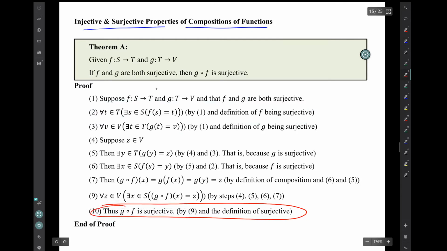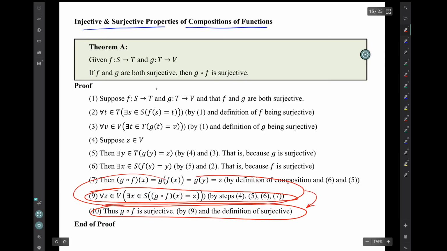Well, we know that in order to get here, we have to previously have proven this, because that's what it really means to say that the composition is surjective. So once we get to this statement, we can get to here by definition of surjective.